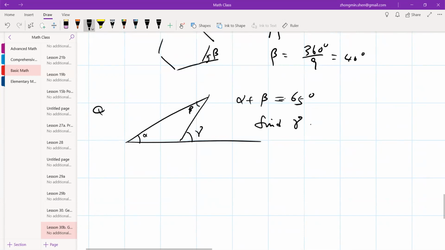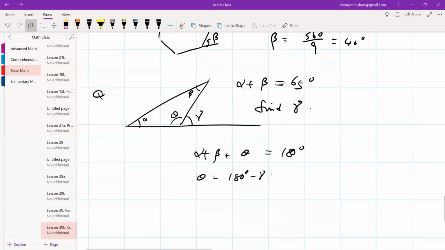Okay, yes. So the idea is that I want to determine the theta. The sum of the three angles, alpha plus beta plus theta, is 180 degrees, right? But theta is 180 degrees minus gamma.